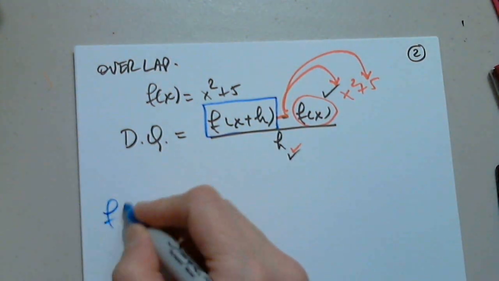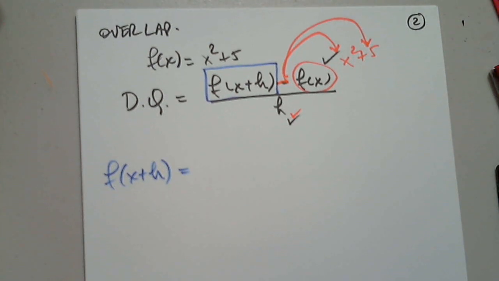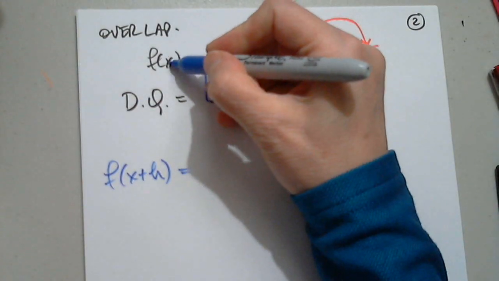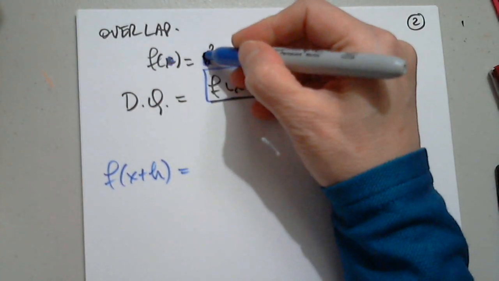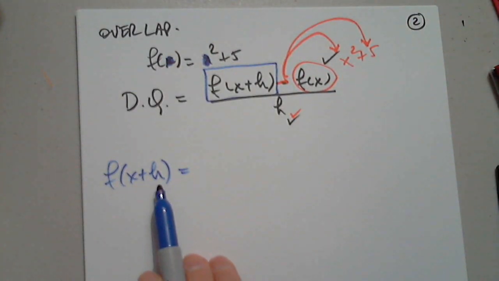So can anyone give us how to write f of x plus h? And then we'll simplify it a little bit. How do I find f of x plus h? What does it mean? It means you're replacing the x in x squared plus 5 with x plus h. Perfect. Thank you, Carmen. It has to be replaced by x plus h.